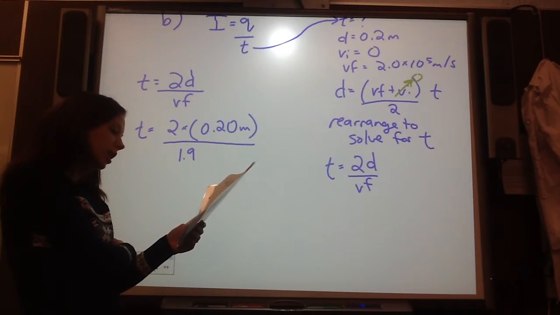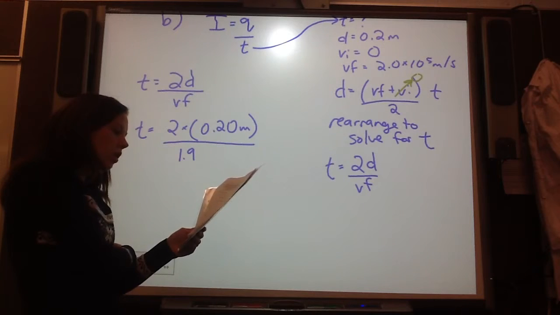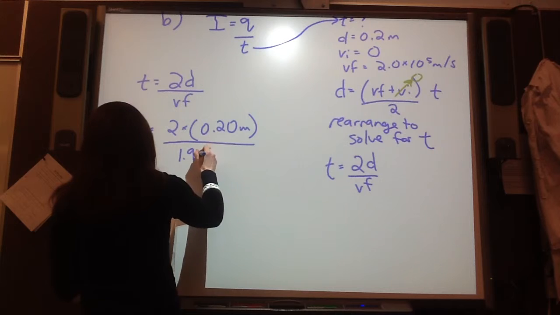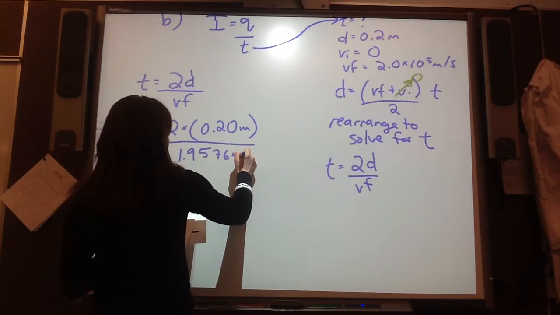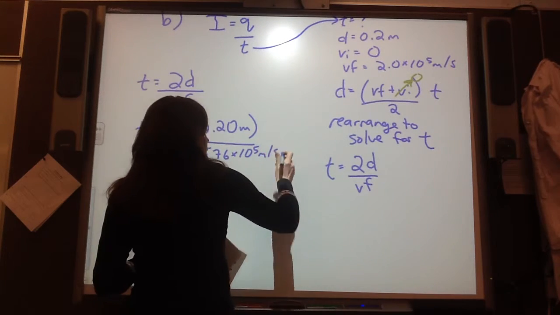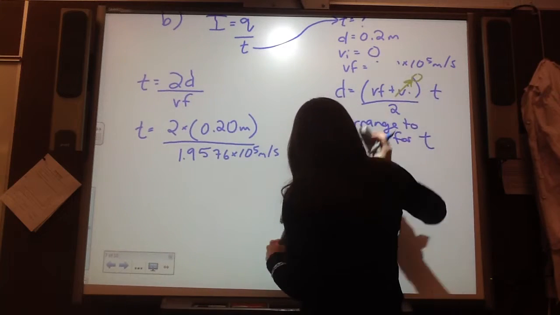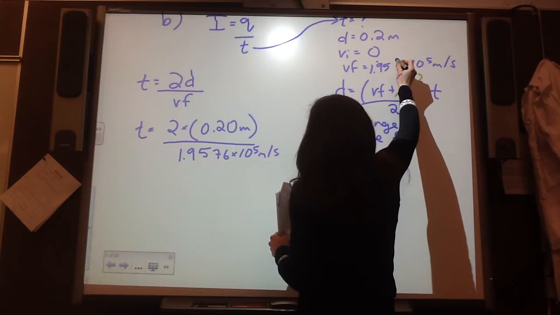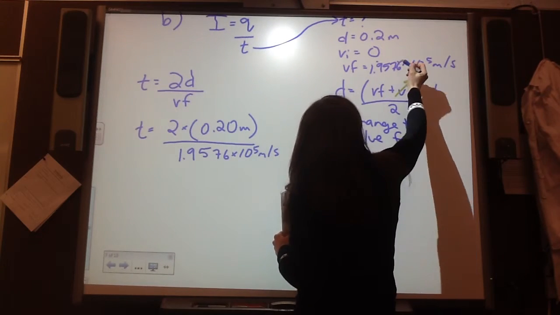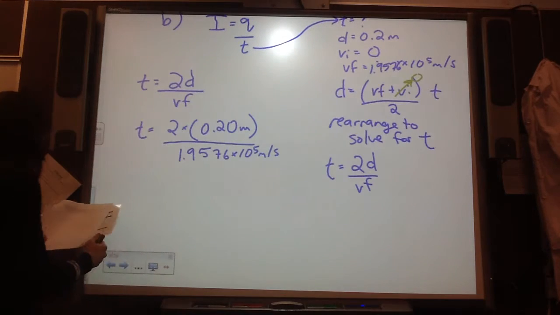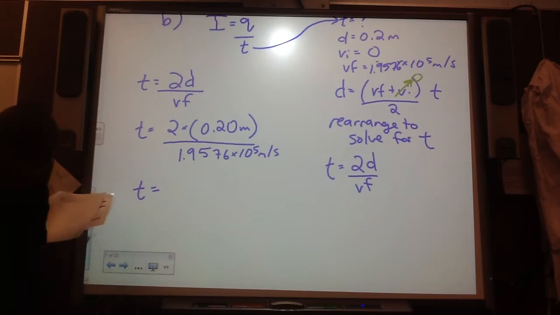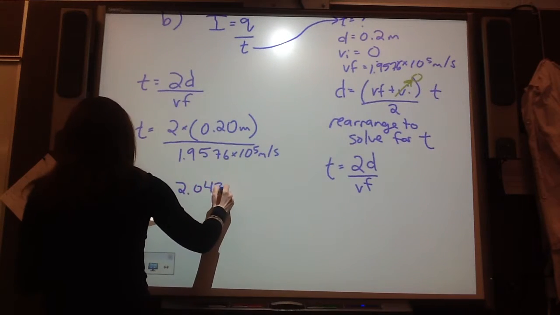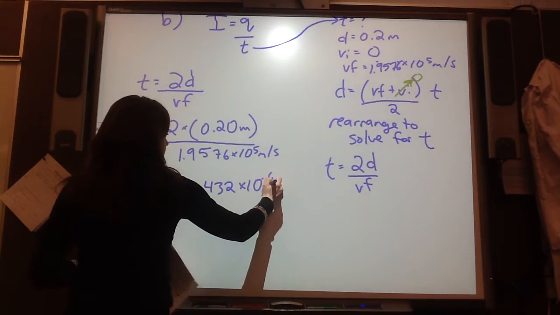I have a pre-sig dig answer, and it's more accurate, so let's use our pre-sig dig answer for our Vf. So we should get 2.0432 times 10 to the negative 6 seconds.